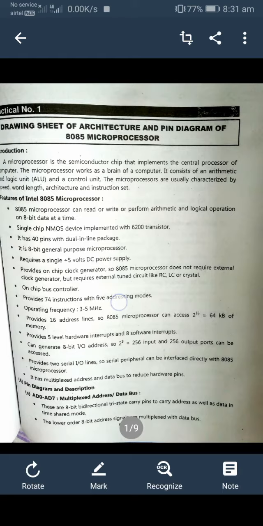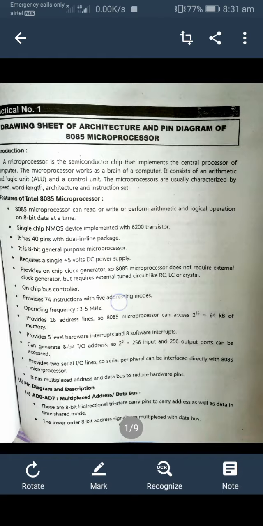It has 40 pins with a dual inline package. It is an 8-bit general purpose microprocessor. It requires a single plus 5 volt DC power supply.